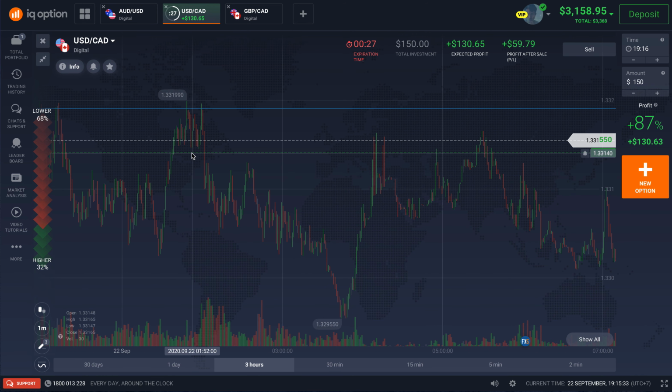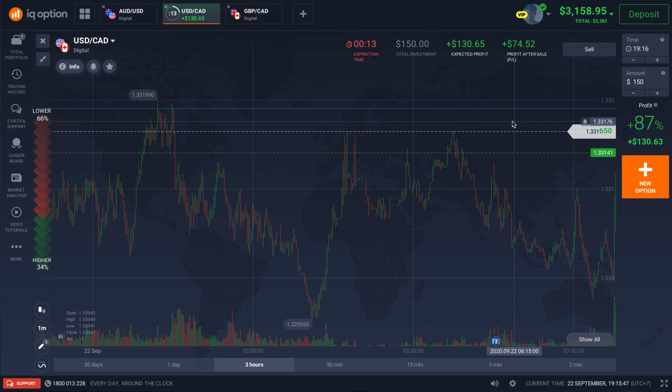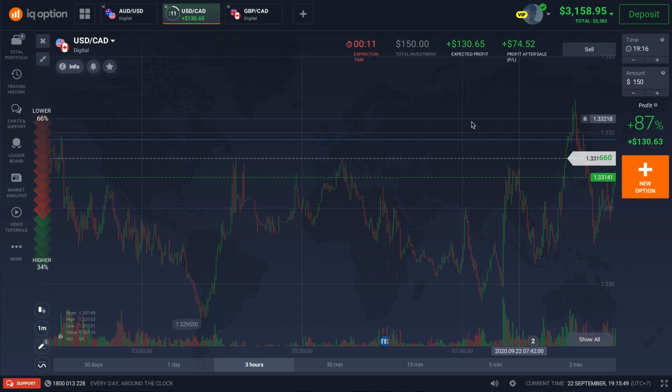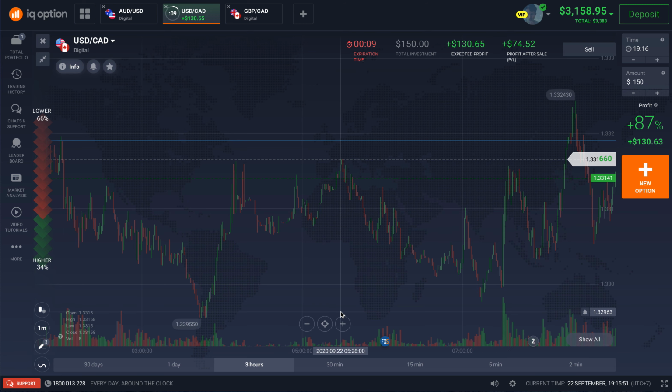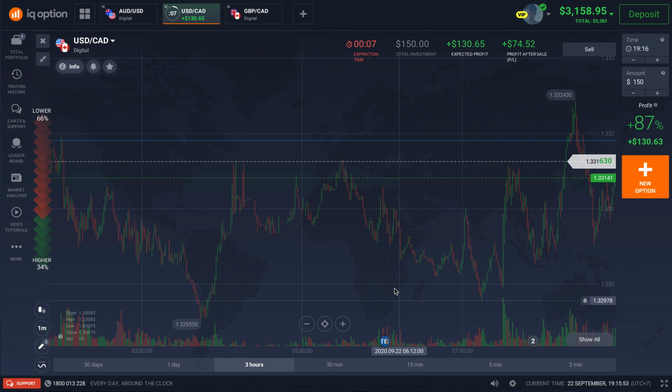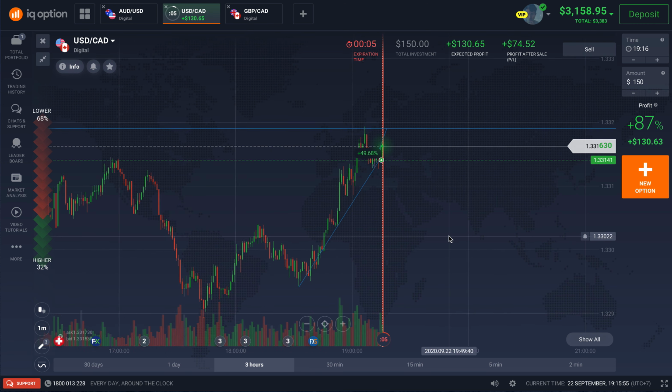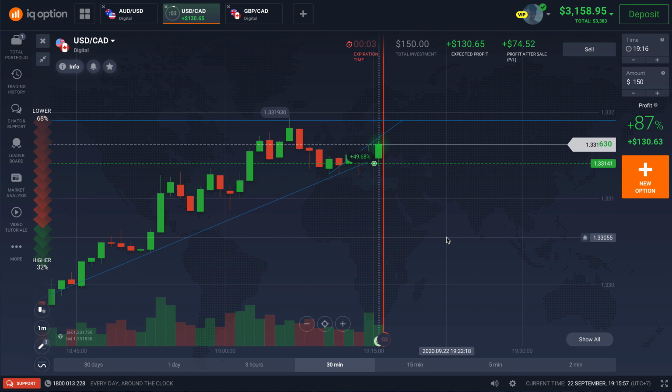This price is around 1.33, around this level. So we still have a chance, because this price is going to reach this resistance for sure. When it's reached that resistance, it will have a little fighting around this area for a couple of candles, and after that it will fall back down. When the price falls back down, that is where we are trading on the bearish.